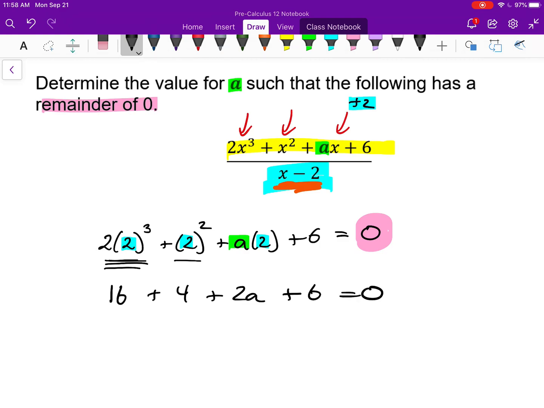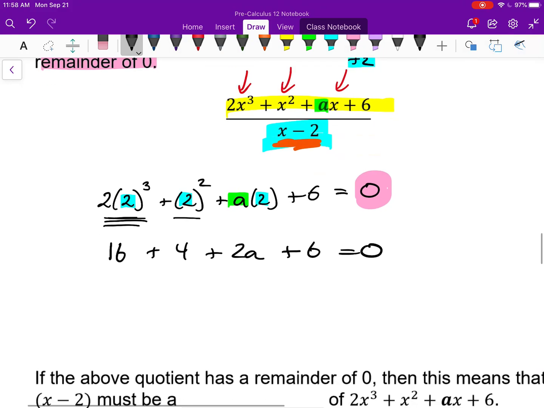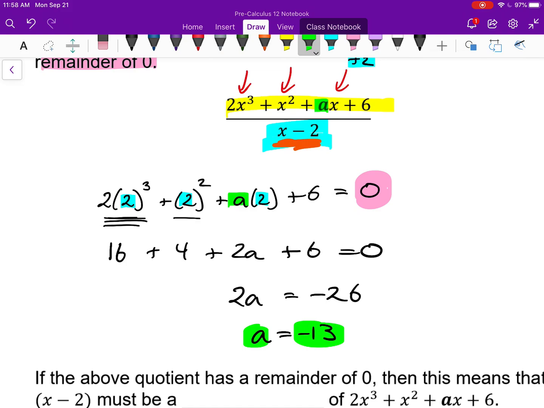Suddenly, what maybe looked like a really complex question is turning into a very nice, pleasant equation. Combine like terms, I get 2a equals negative 26, a equals negative 13. And I was able to figure out that missing coefficient without having to do any division.